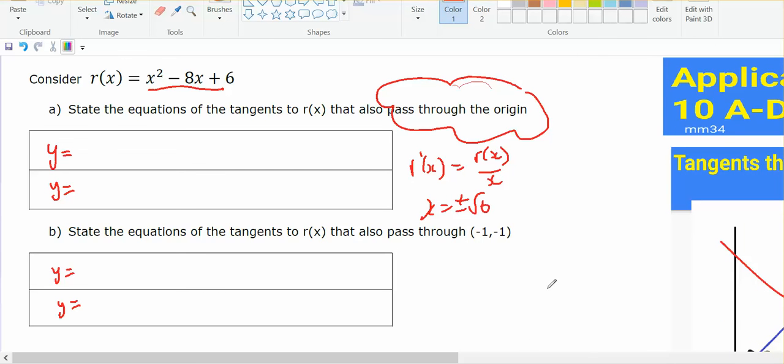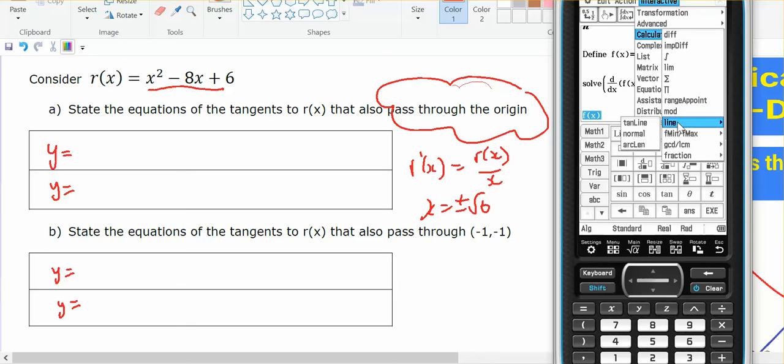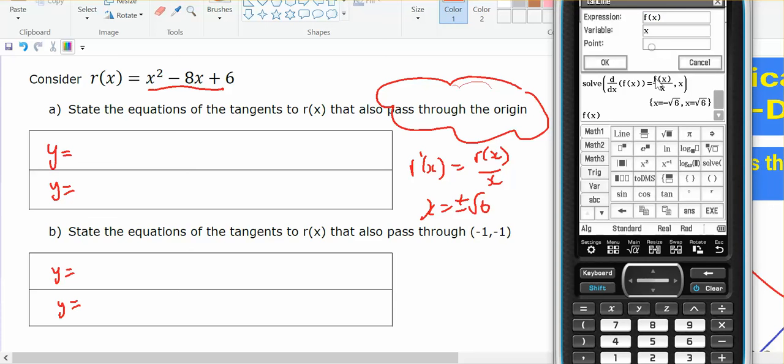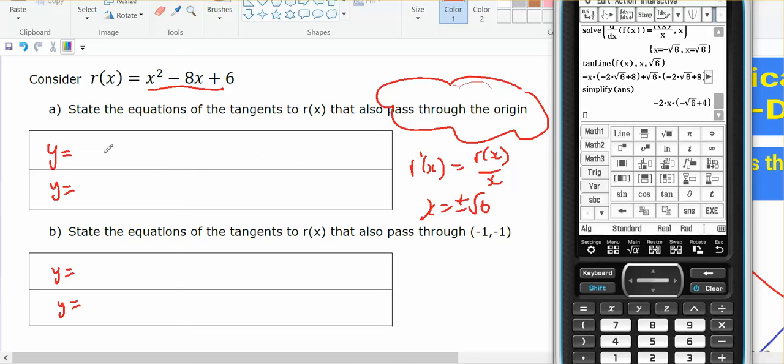So I now wish to find the tangent lines at plus or minus root 6, and that will give me the equations. So interactive, calculation, line, tan line at root 6. And that gives me, let's simplify that. That gives me y equals minus 2x, bracket minus root 6, plus 4.